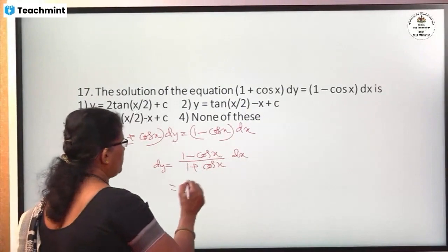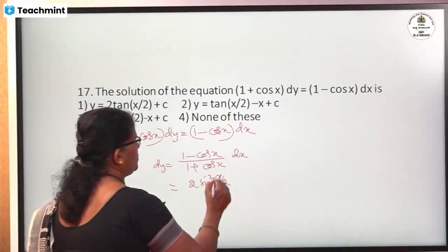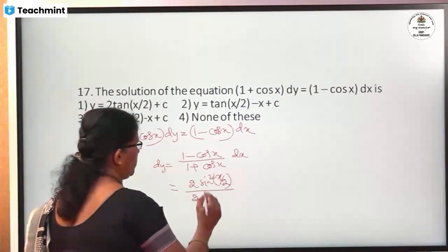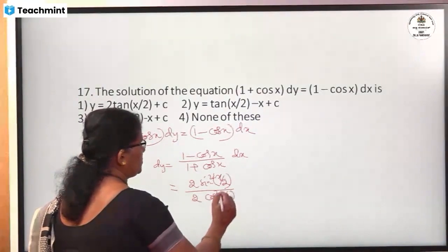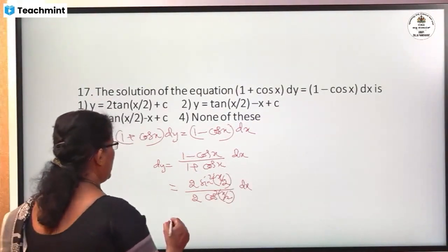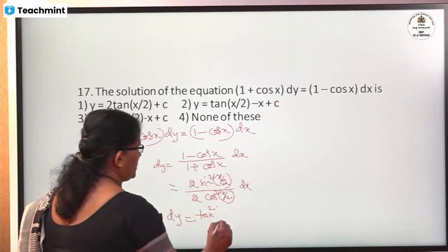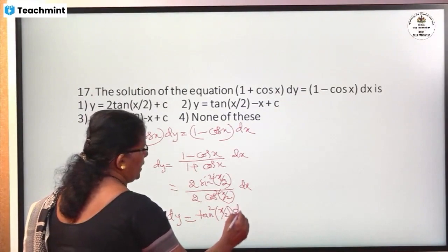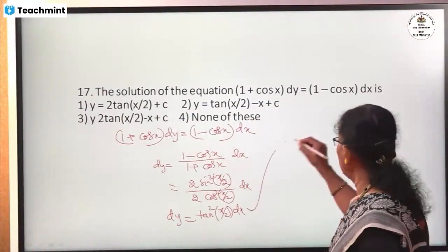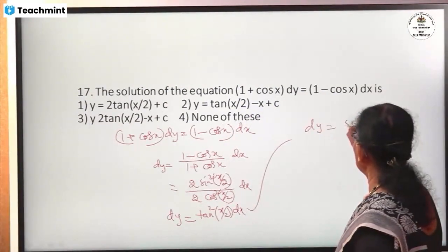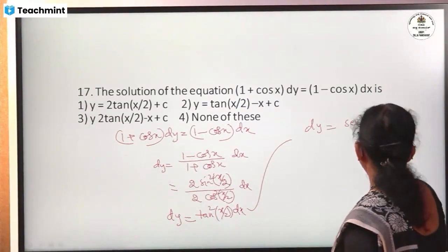So what is the formula for 1 minus cos x? 2 sine squared x by 2. What is the formula for 1 plus cos x? 2 cos squared x by 2. So you can get 2 cancelled. What remains is tan squared x by 2. And how do you integrate tan squared? You write tan squared as secant squared x by 2 minus 1.